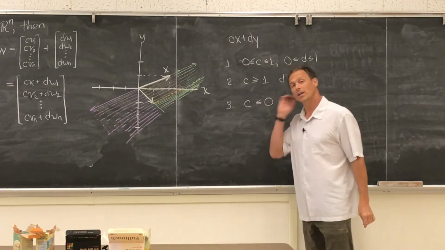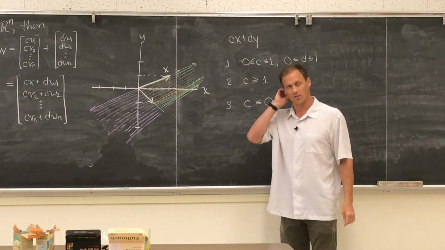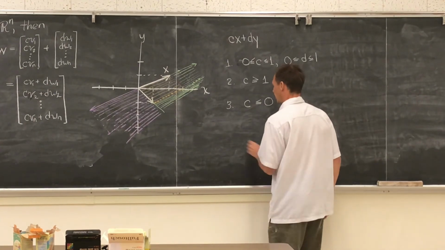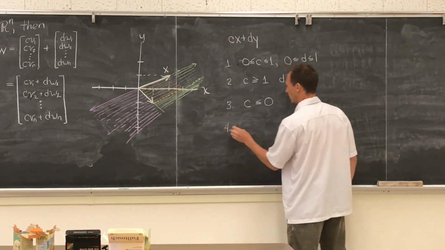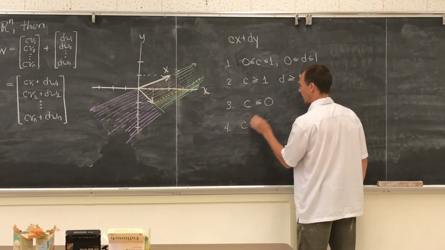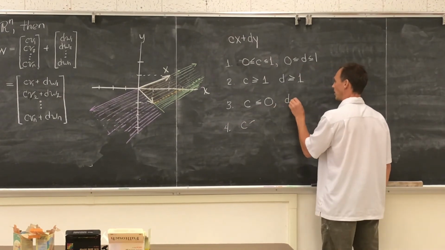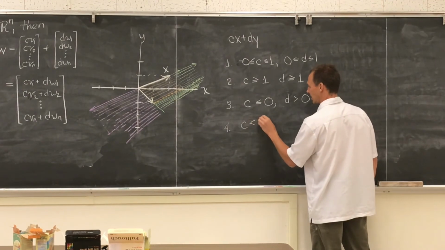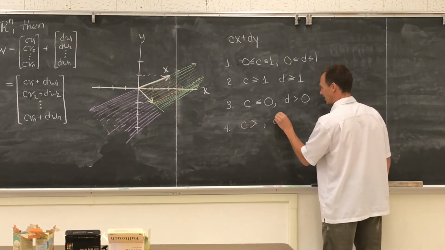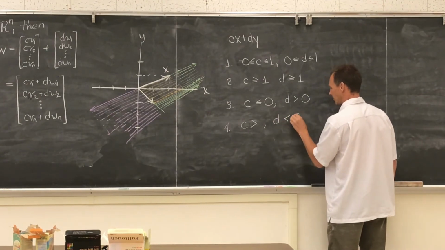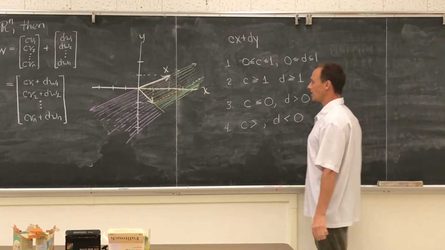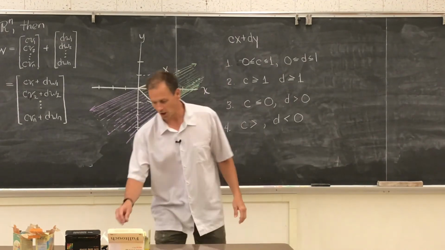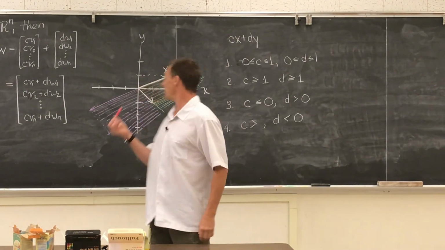And then we can continue this problem. And that's the thought experiment. The next portion would be when c, and I should have written here, d is positive. What happens now if c is positive and d is negative? Well, to do that, you would clearly need another color of chalk, like maybe pink.